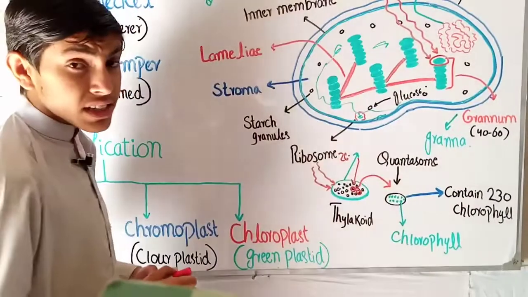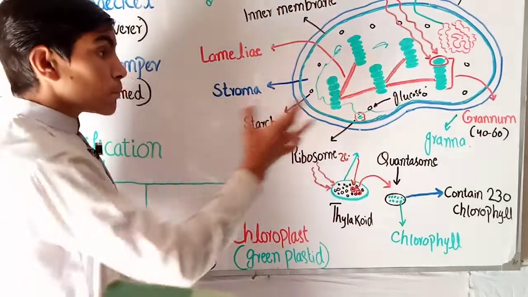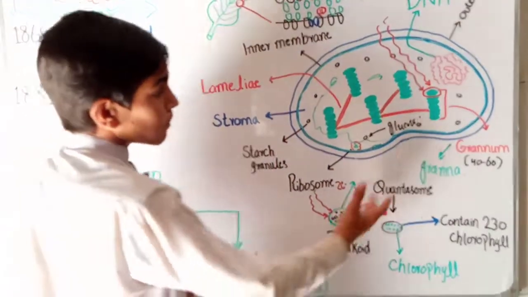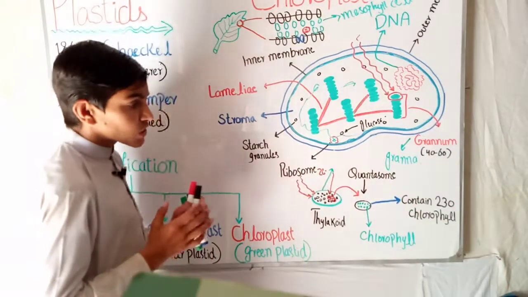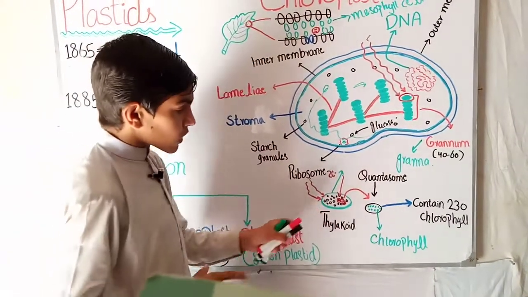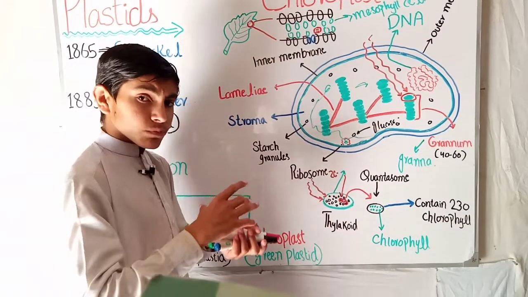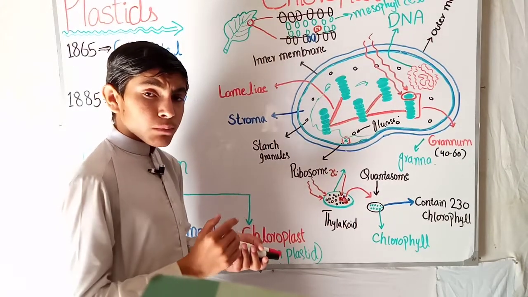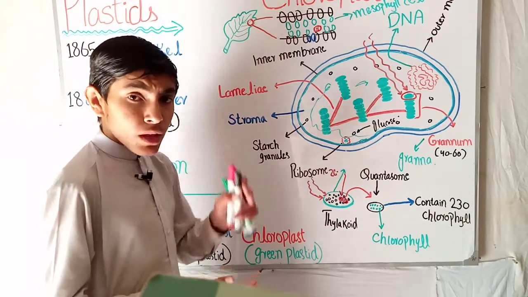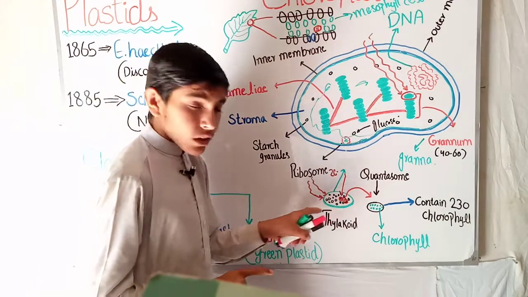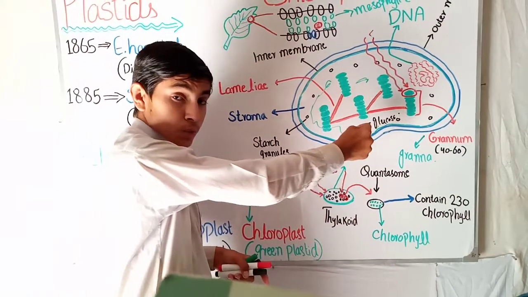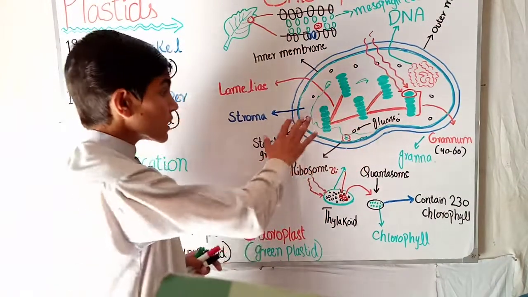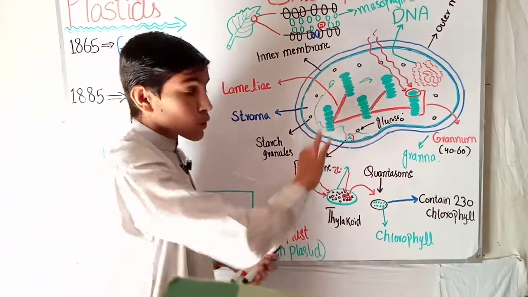The chloroplast is the green pigment present in the plant cell, and we also studied that plastid structure in great detail. The chloroplast is mainly involved in the synthesis of first the ATP inside the thylakoid, and then what? The direct reaction in which glucose is prepared in the stroma of the chloroplast.